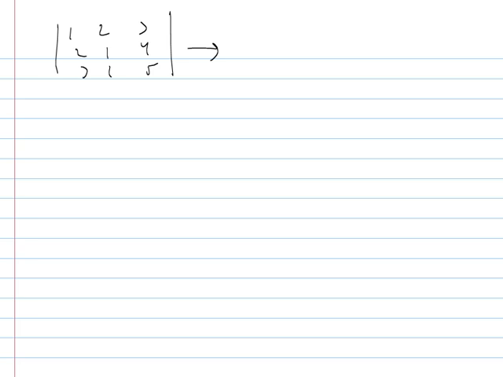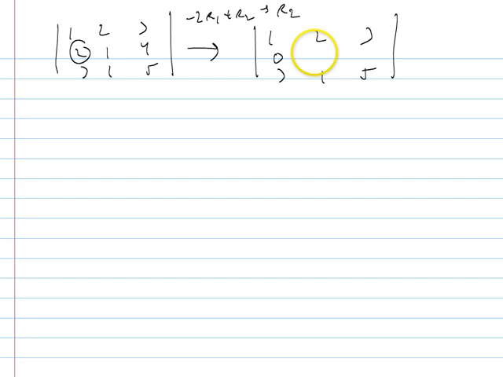For instance, let's say I wish that entry was a 0, so I can do -2 row 1 plus row 2 into row 2, and I would get 1, 2, 3. The last row would not change, but the middle row is now -2 plus 2 is 0, -4 plus 1 is -3, and -6 plus 4 is -2. And now that I have a 0 here, I can expand by column 1.